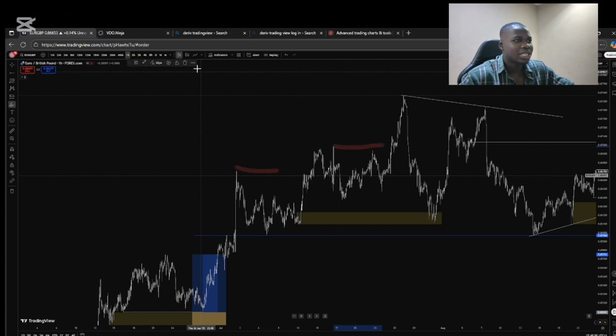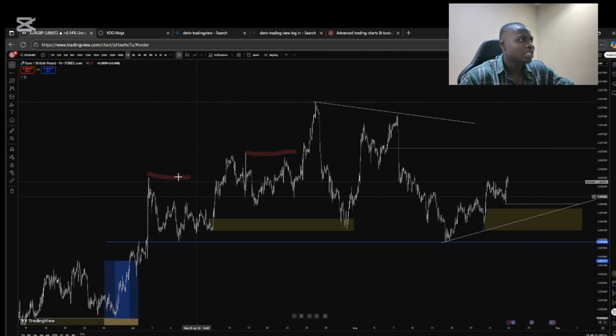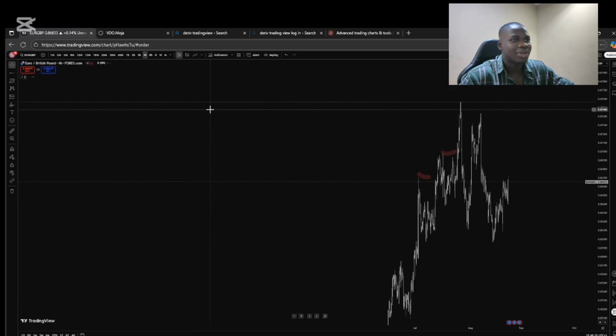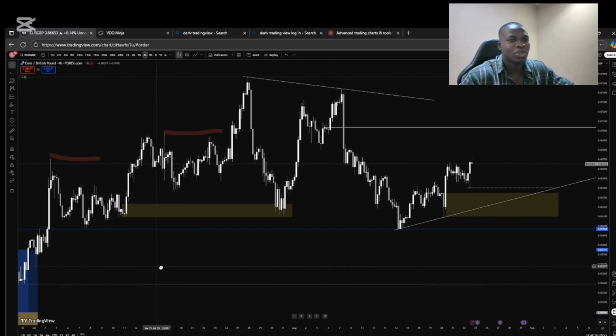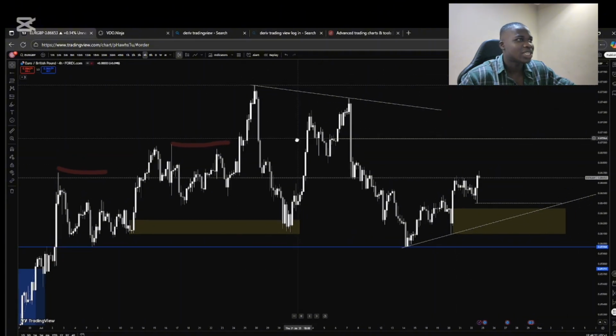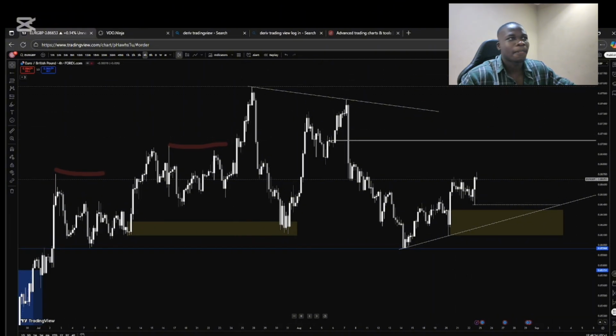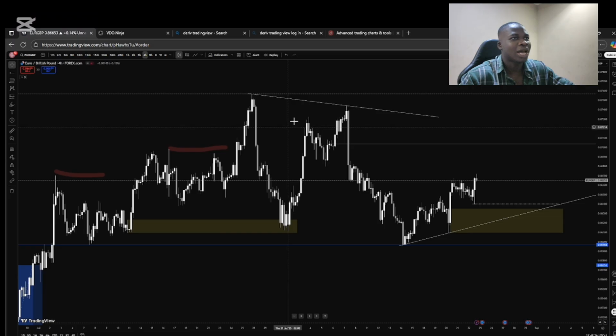So now price came back to this one as inducement, respecting some sort of order block right here. The moment price tapped into this 4-hour order block and was respecting it, I'm expecting price to take this particular high as liquidity.